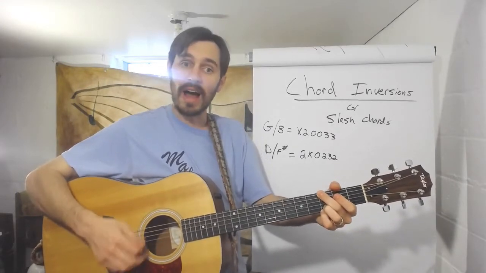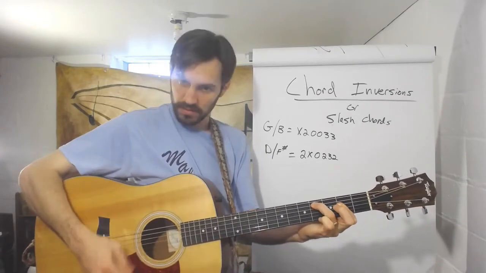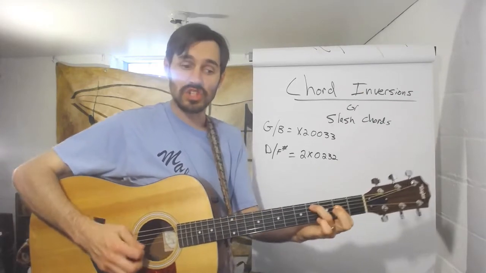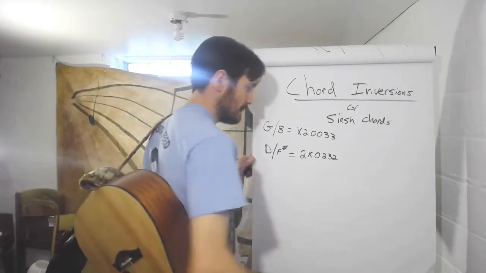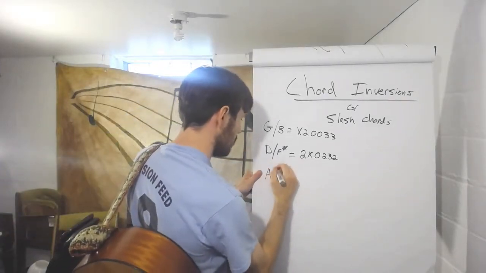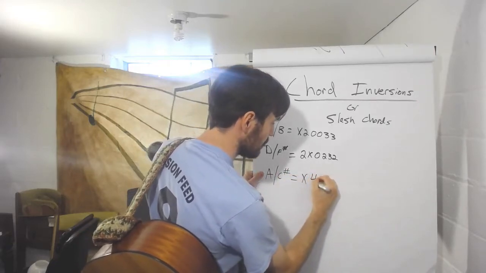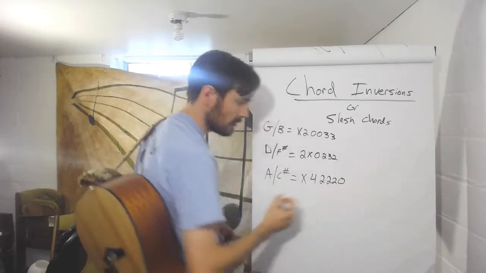Then I go to the 5, A with the C sharp in the bass. So it looks like this. A/C sharp is X 4 2 2 2 0.